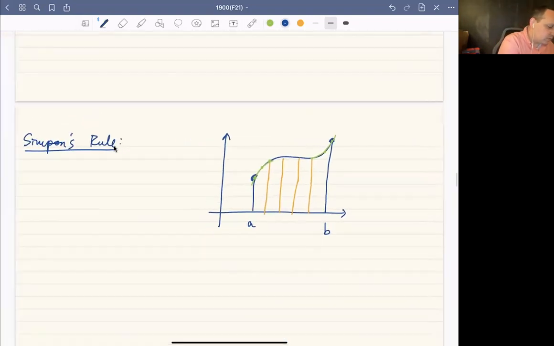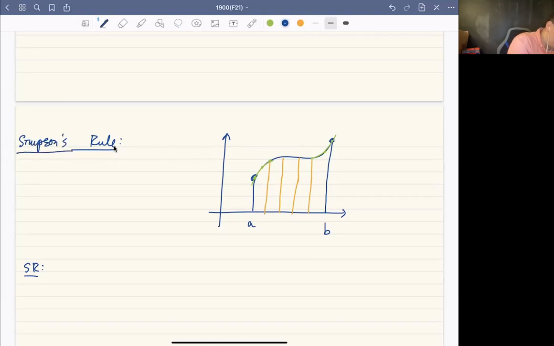And it turns out that the way that we do this with Simpson's rule is, and I'm not going to walk through the details of this. I forgot an S in Simpson's here. I'm not going to walk through the details of where these numbers come from, at least not right now.